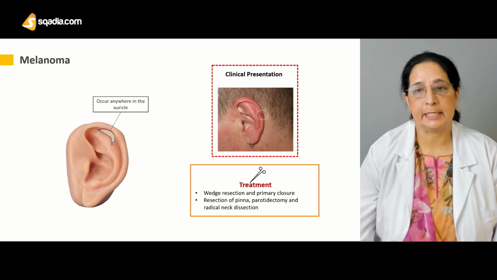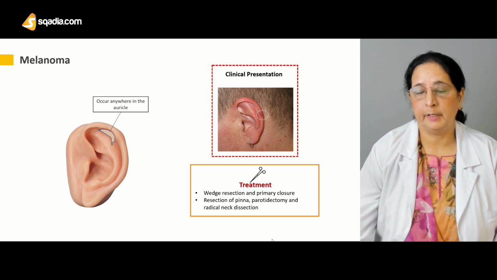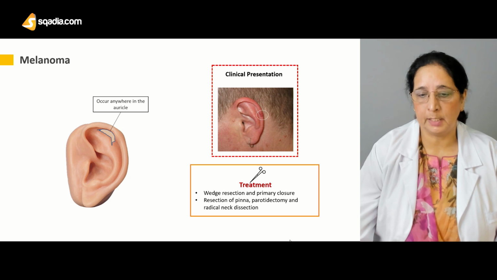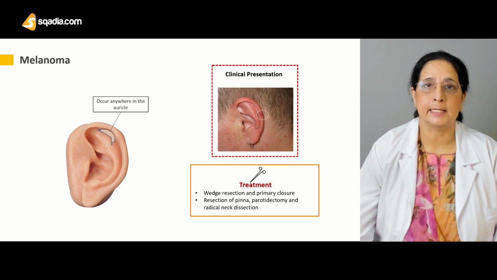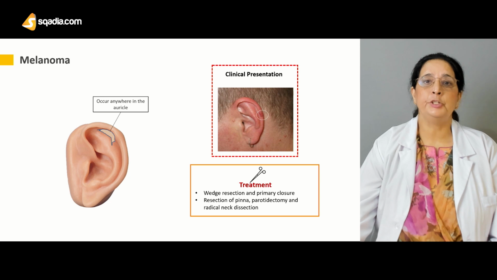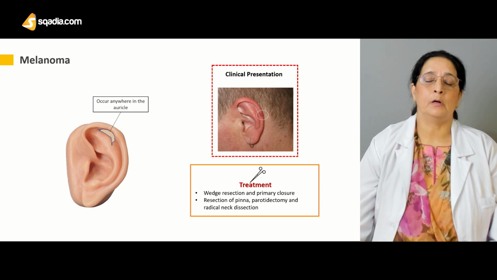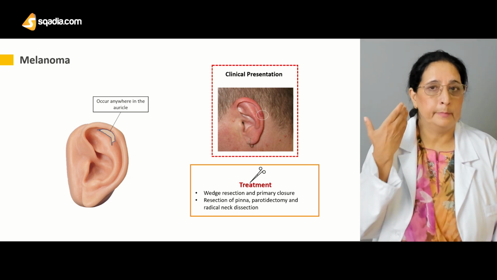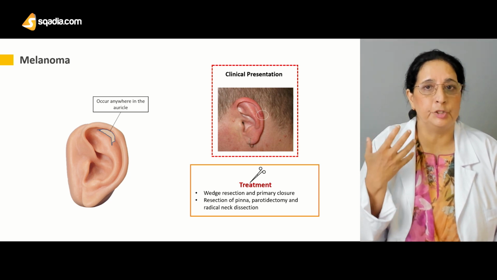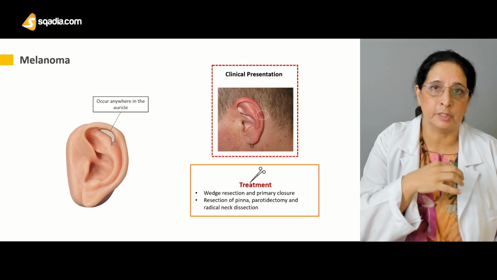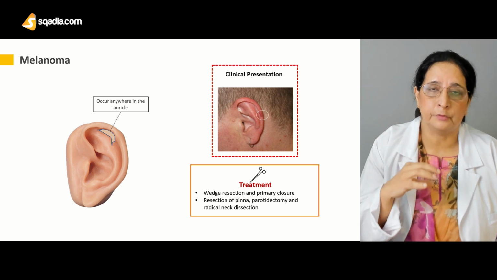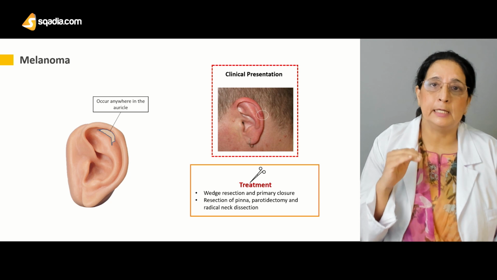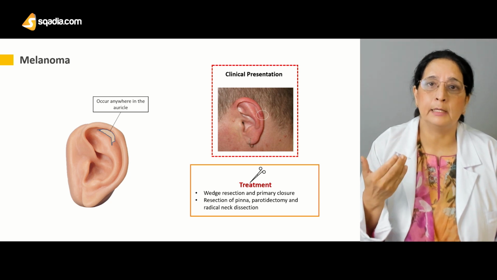Treatment: wedge resection and primary closure of the melanoma, resection of the pinna, parotidectomy, and radical neck dissection. For malignant tumors, neck dissection, or dissection of the lymph nodes, is very important, because the cervical region is where they usually metastasize first, to the regional cervical lymph nodes.